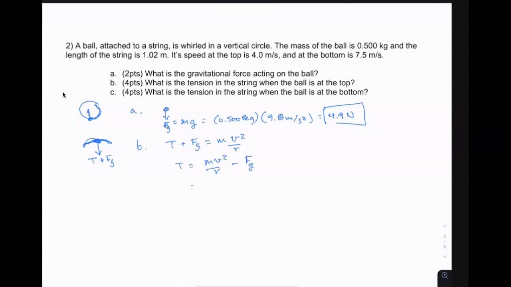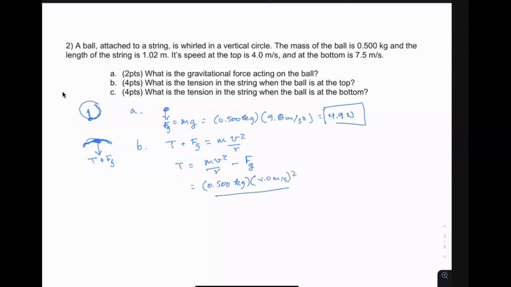So we put in the numbers, 0.500 kilograms, and make sure we use the velocity that they give us for its speed at the top, which is 4.0 meters per second. We have to square all that.